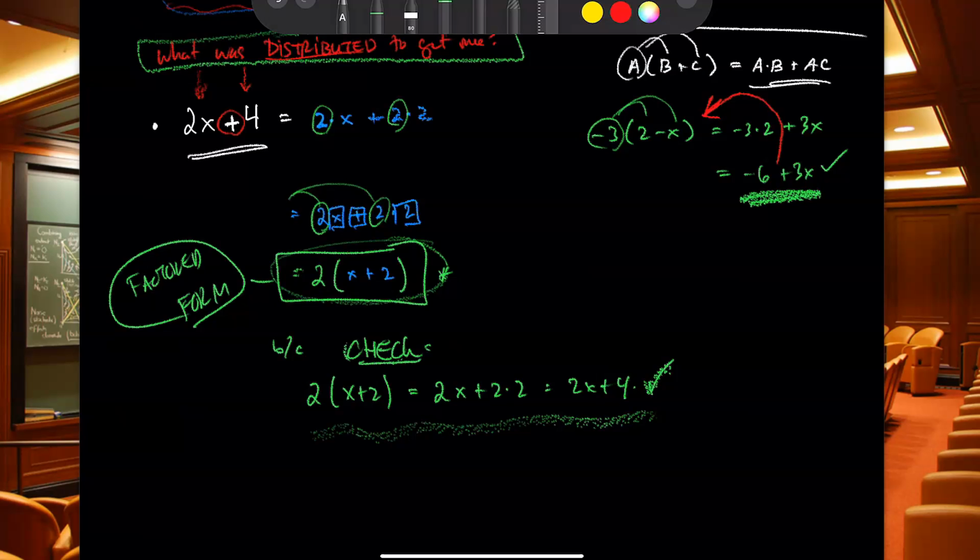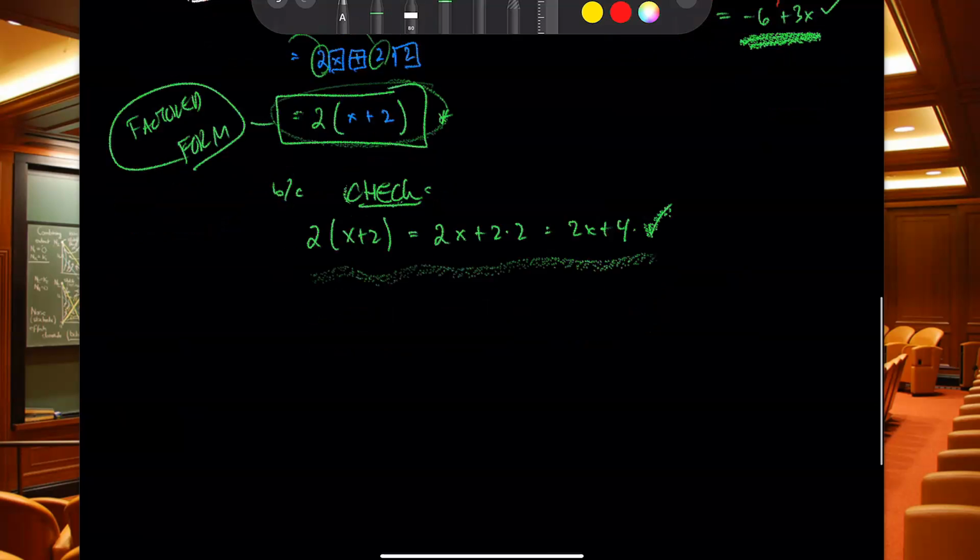All right, so let's look at one that's a little bit more involved here. So let's say I had 6x squared plus 3x. So the question is, let's factor this, which means what we said above, right? What was multiplied or what was distributed to get me?